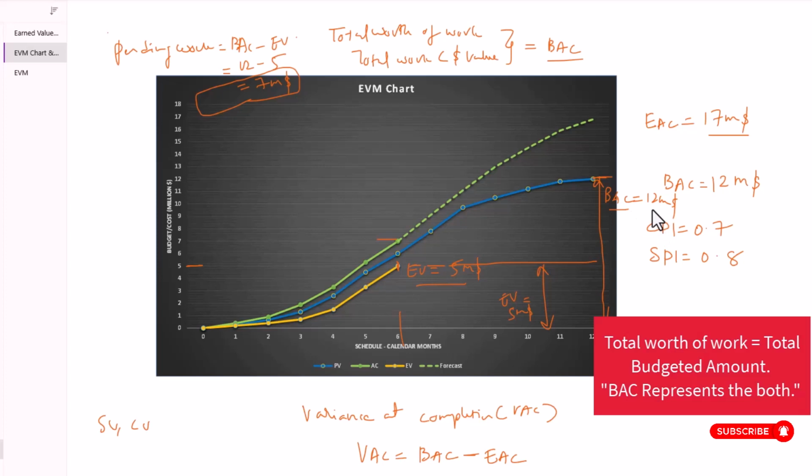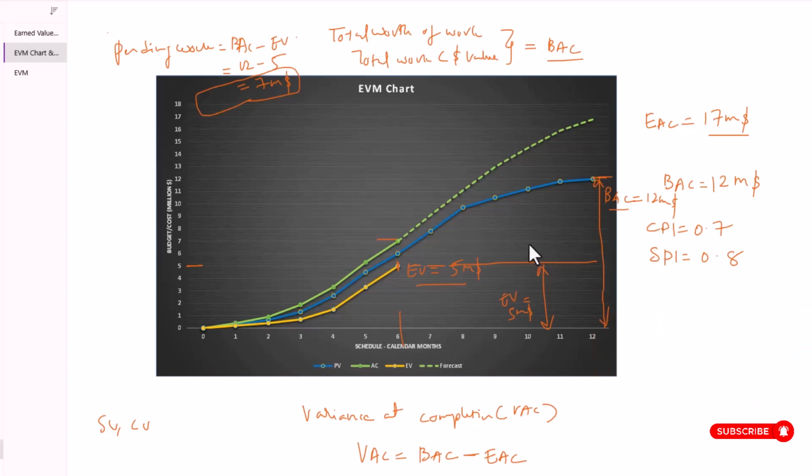That will be 12 million. And how much money is left? So far you have spent this much money. Your actual expense incurred so far till date is represented by the AC value. We have the AC here, so that is 7 million.